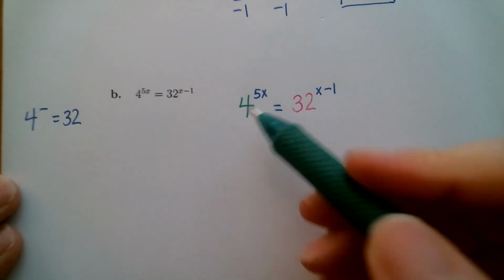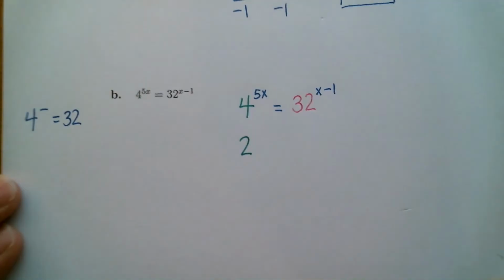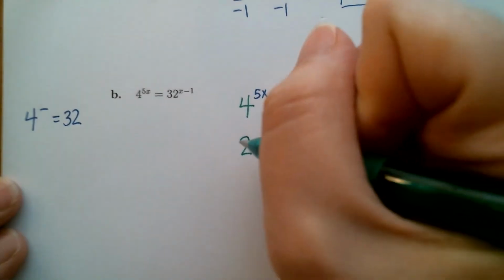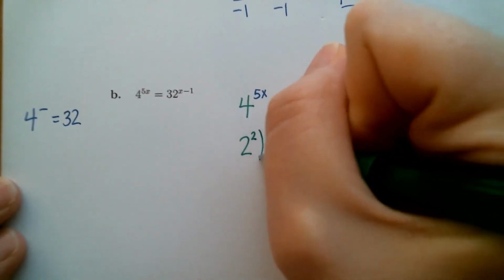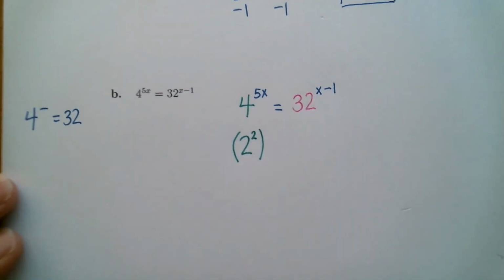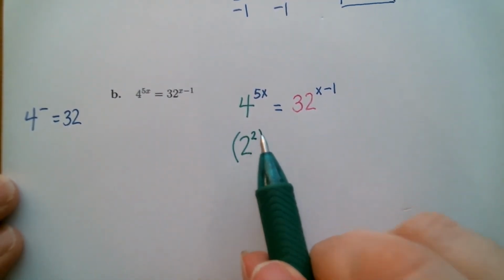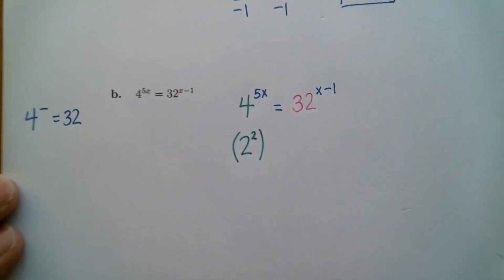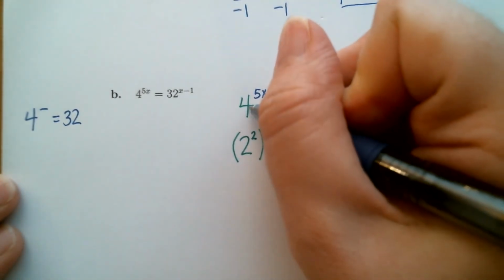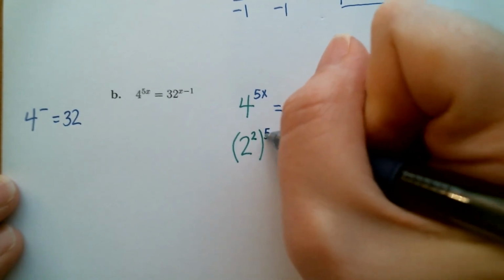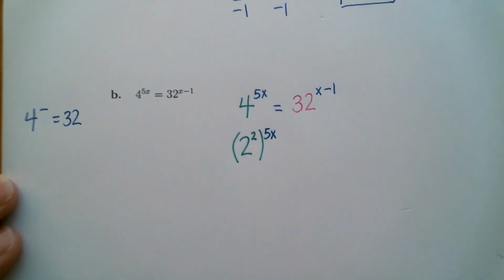All right, 4. We're going to try to rewrite it as a power of 2. 4 is 2 squared. So what's in green is the same thing. 4 is the same thing as 2 squared. Whether it's written as 4 or as 2 squared, it has to be raised to the 5x power. So that is what the left side is going to become.